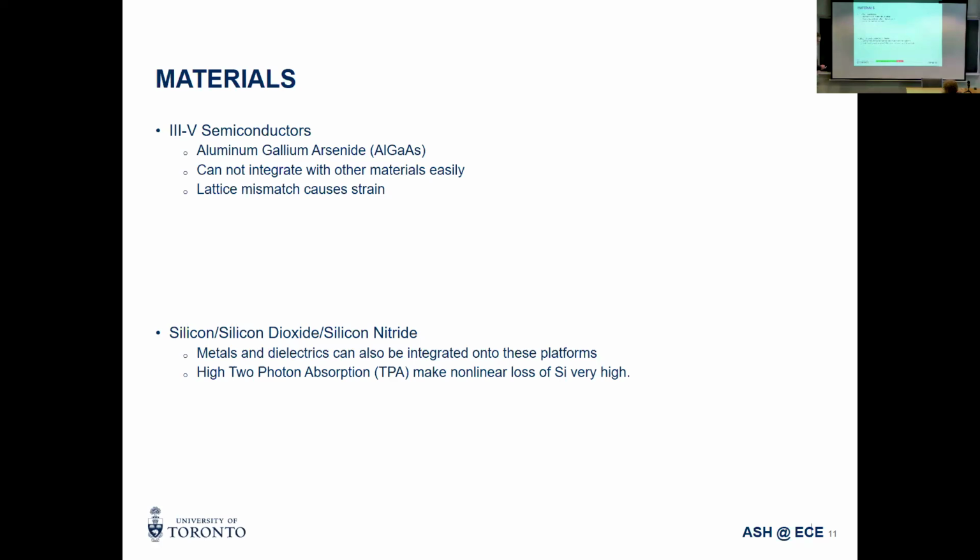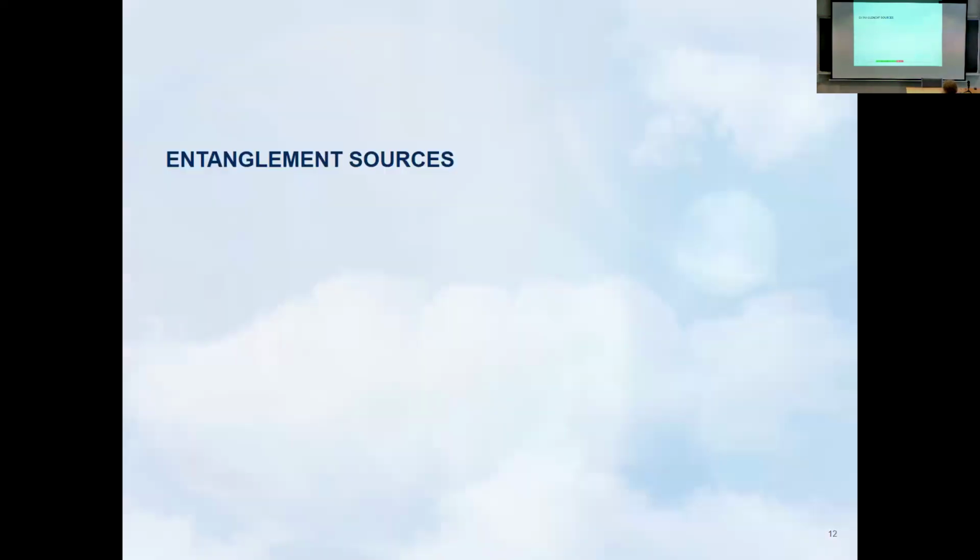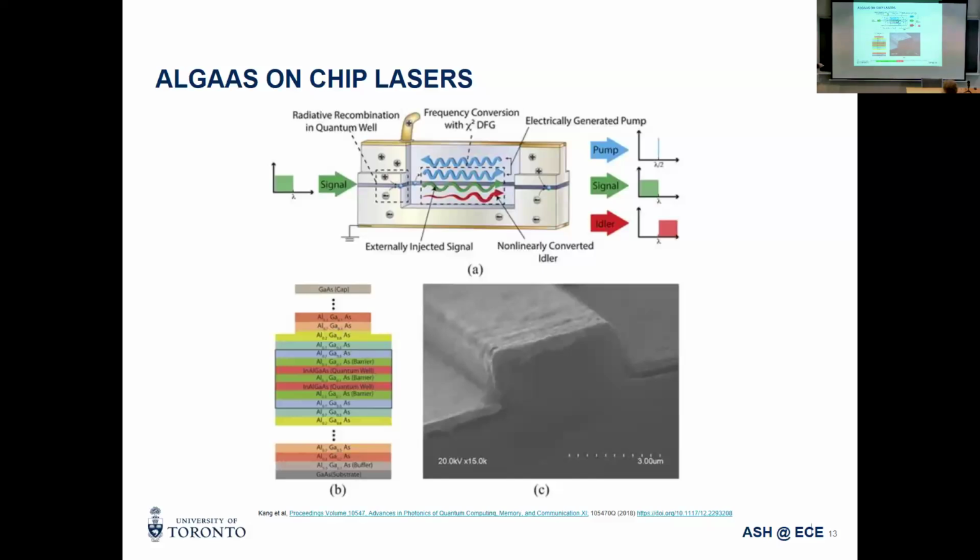So for the entanglement sources, for the structures we've grown, we started with a gallium arsenide substrate, and we've grown through using what we call Bragg stacks, based on Bragg's reflection principle, where we have 4 stacks on the bottom and 4 stacks on the top.